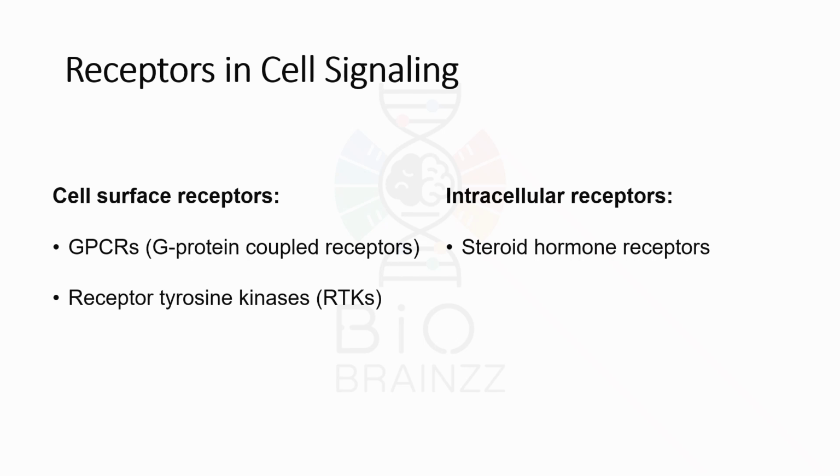Cell surface receptors include G protein coupled receptors and receptor tyrosine kinases, which bind to ligands that cannot cross the membrane. Intracellular receptors like steroid hormone receptors are present inside the cell and bind to lipid-soluble molecules that can easily pass through the membrane.